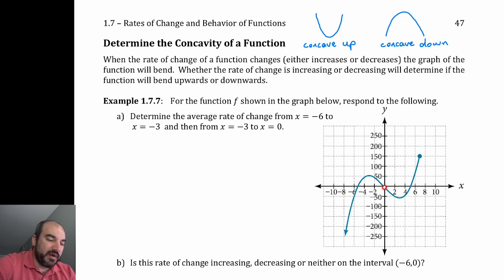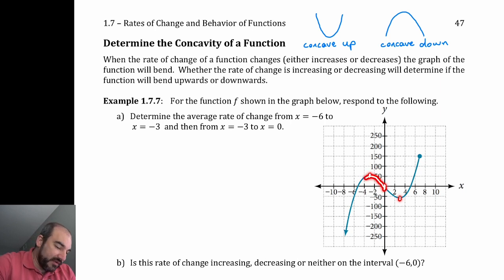Usually halfway between the high and low points. So if the peak here is at -3, and the peak here is at +3, then exactly at 0 is where the concavity is going to change.